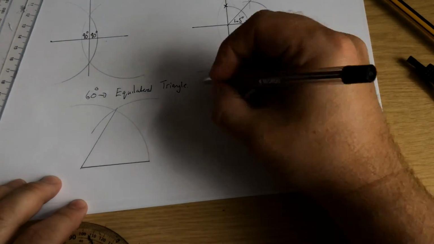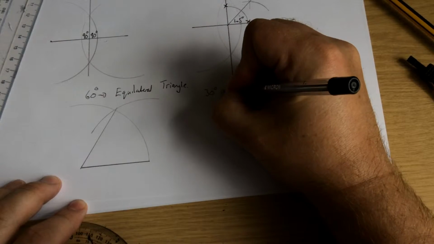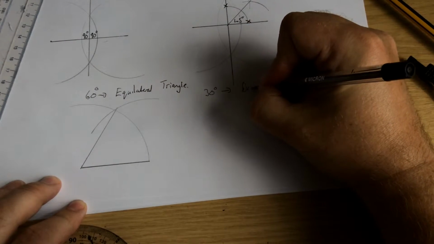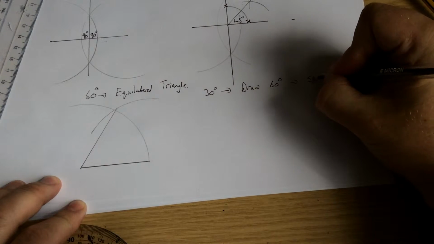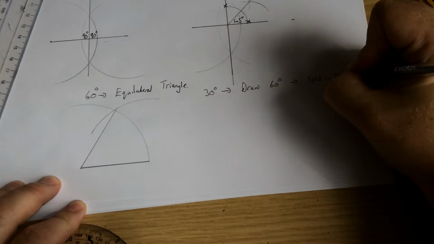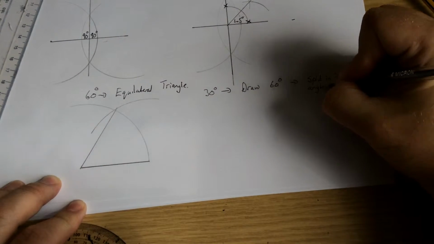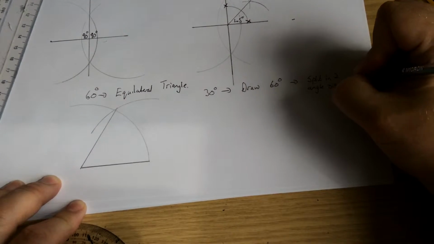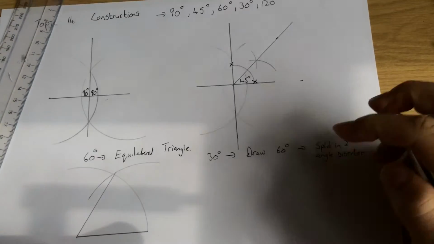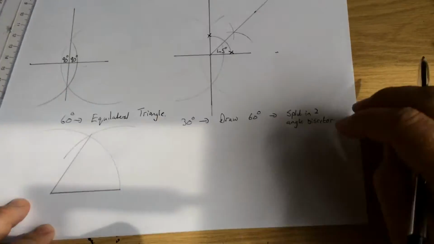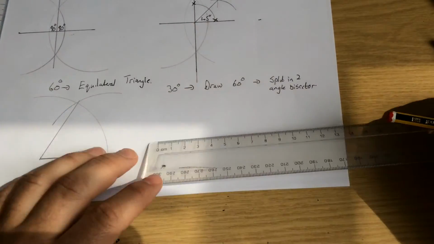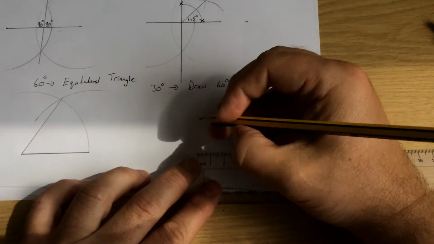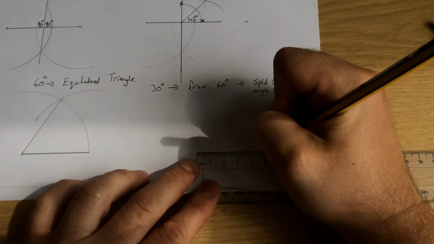For 30 degrees, I do the same method. I draw 60 degrees and then I split it in two by doing the angle bisector, which is exactly the same method as what I did on the 90 into 45. So again, I'm going to start by drawing a line, say 5 centimeters.